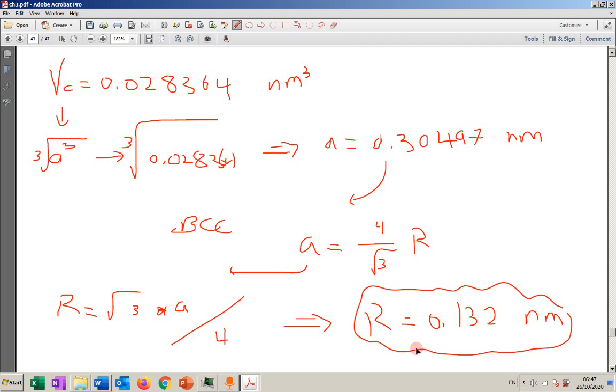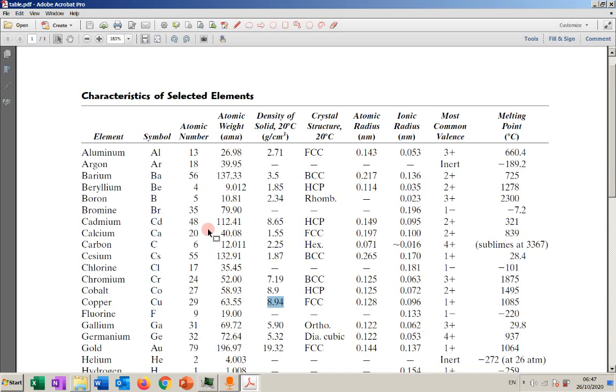Now if I check the table for vanadium, we have to get something close to this atomic radius, 0.132. If I haven't made any mistake in the calculation, we shall see the result soon. Now we'll check vanadium here.